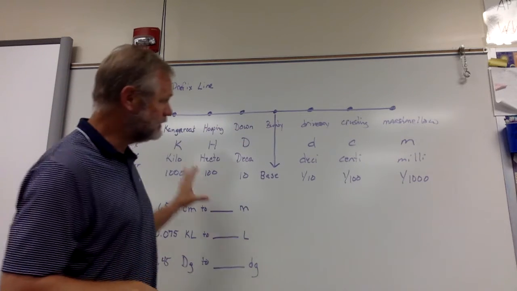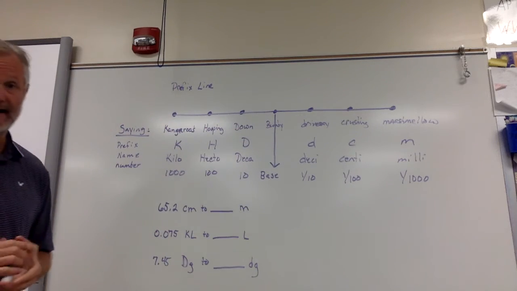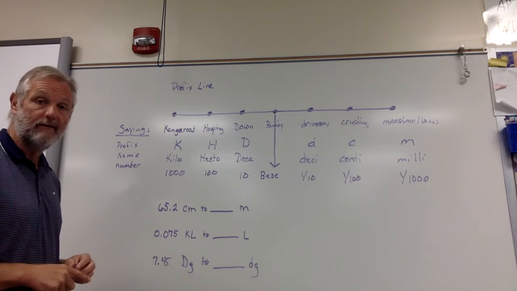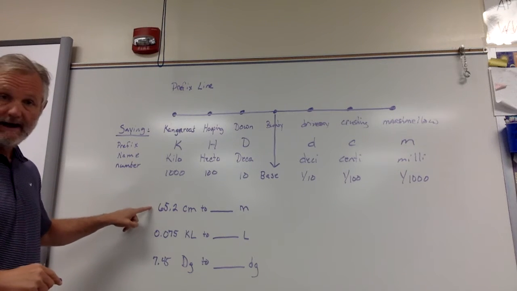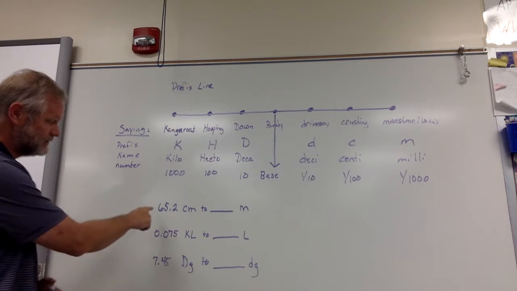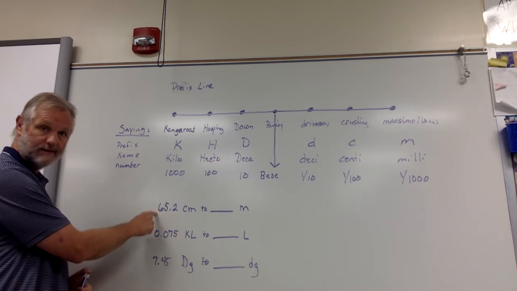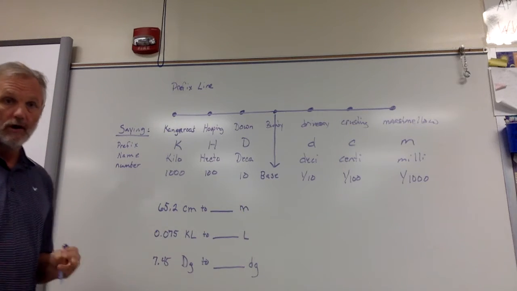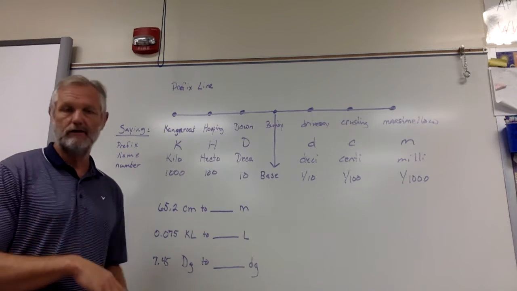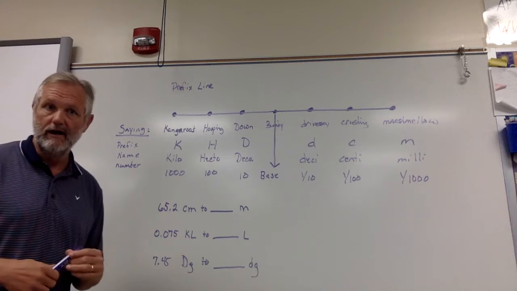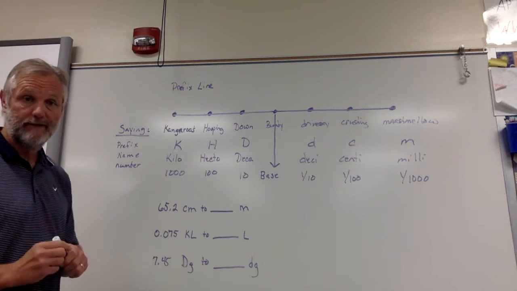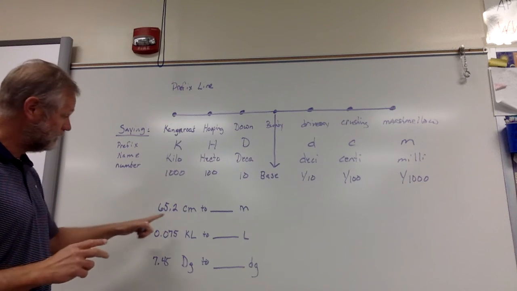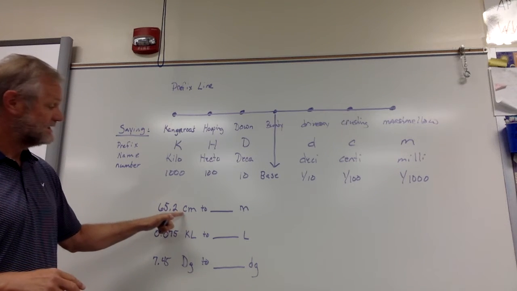Now guys, if you can do this, you can do just about any metric conversion. Let me give you an example. Do you see down here, I give you 3 different ones. The first one says, I have to start with 65.2 centimeters, and I want to convert that to meters. Well, you can do that mathematically. You can use calculators. You can use the internet. But if you have a prefix line, all you have to really do is say, where am I starting? Centi.